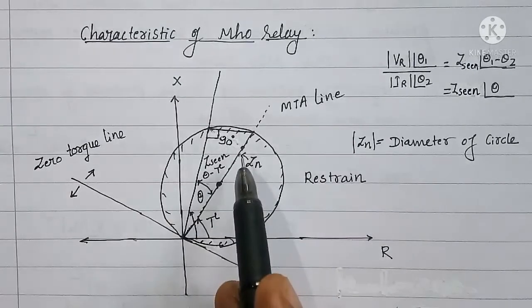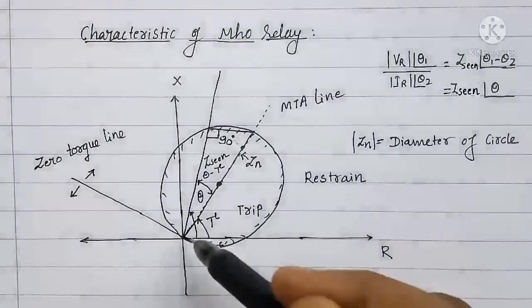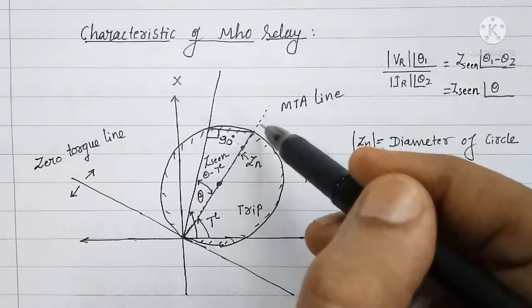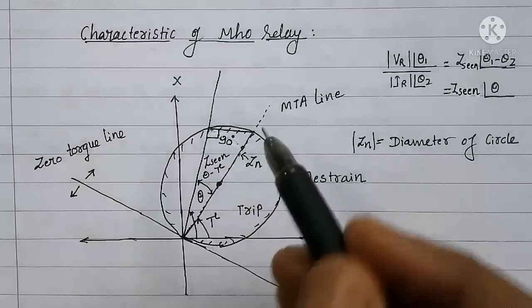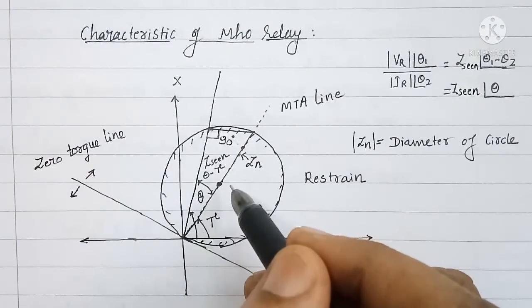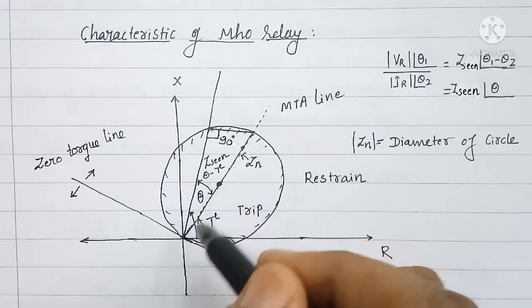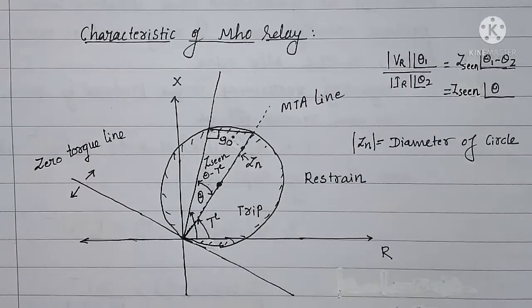At 90° to zero torque line, there is a maximum torque angle line, and the angle between resistance axis and the maximum torque angle line is tau, and Zn, that is set impedance of the relay, is measured along the maximum torque angle line.